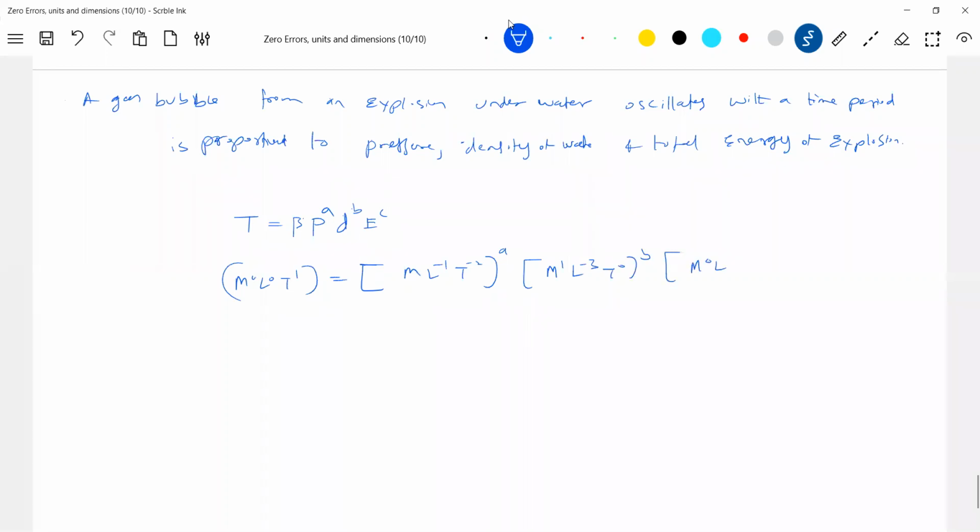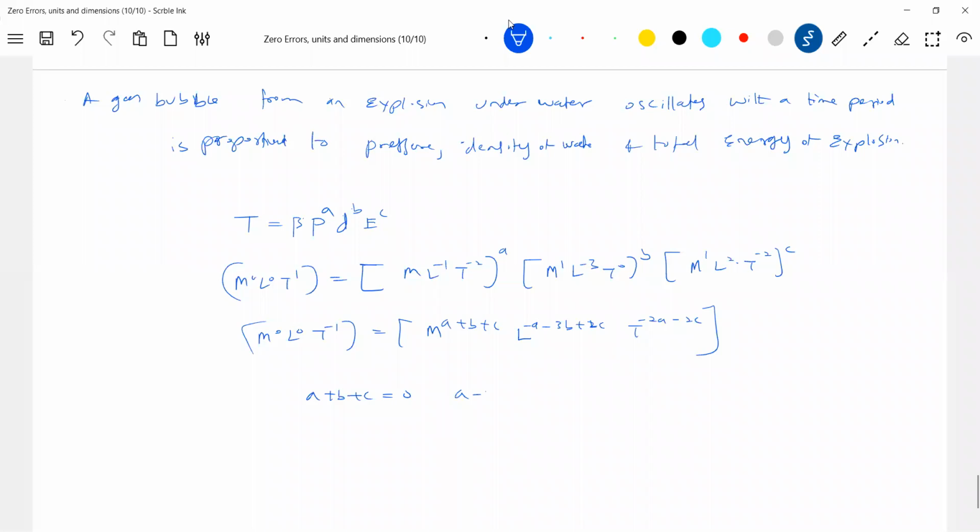Energy, M1 L squared T minus 2, to the power c. So a plus b plus c equals 0.